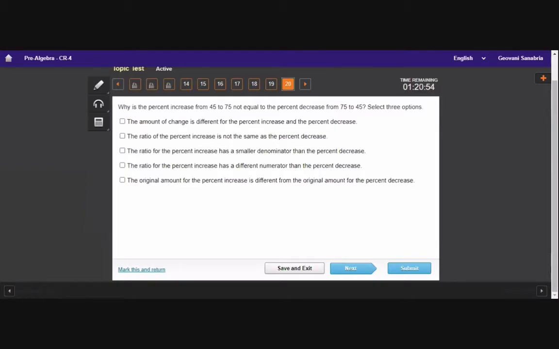So this one I would be trying to figure out the percentages of both, right?